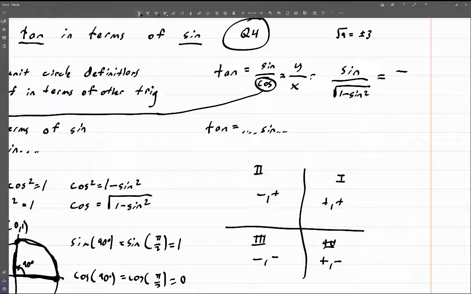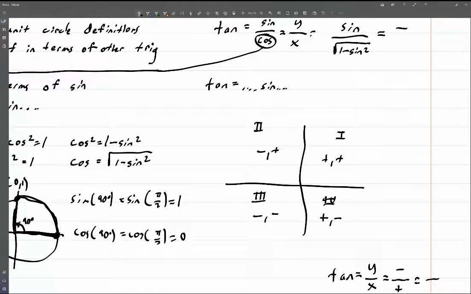So the output of the sine function, in other words, the y value of any point in quadrant 4, the top of our numerator of this fraction for tangent, is already negative. And we know that in quadrant 4, the tangent should also be negative, because a negative y value divided by a positive x value should be negative. So we need this entire fraction to be negative.